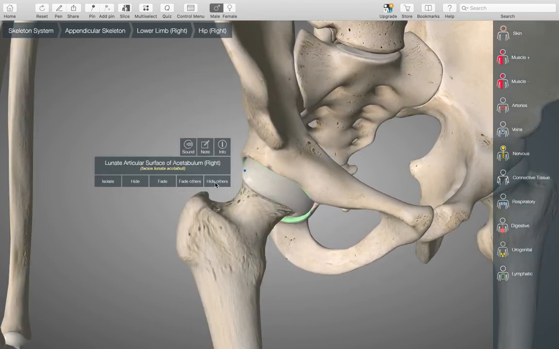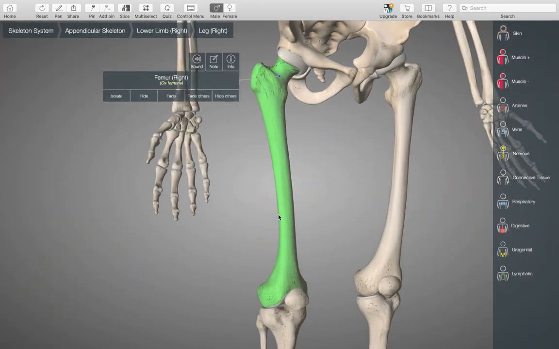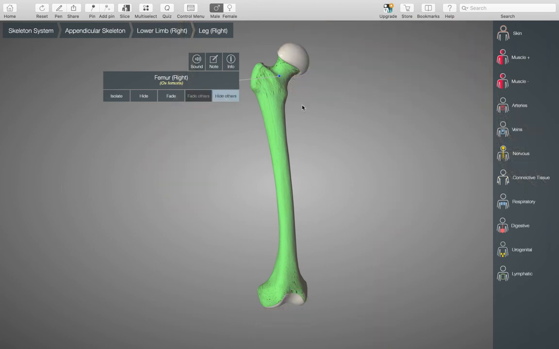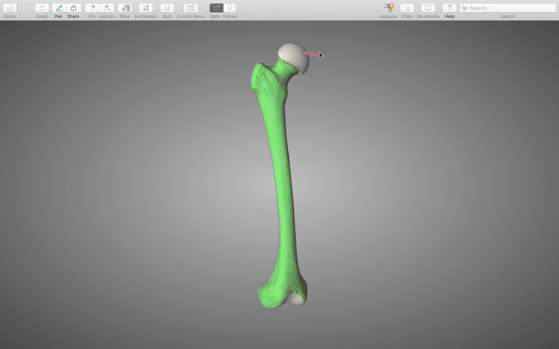Which brings me to the femur itself. So here's the femur. It's the biggest bone in the body. We hide things. We have a couple of things that we want to know here. One thing is we want to know the head of the femur. Underneath the head, just like underneath your head, you have the neck of the femur.